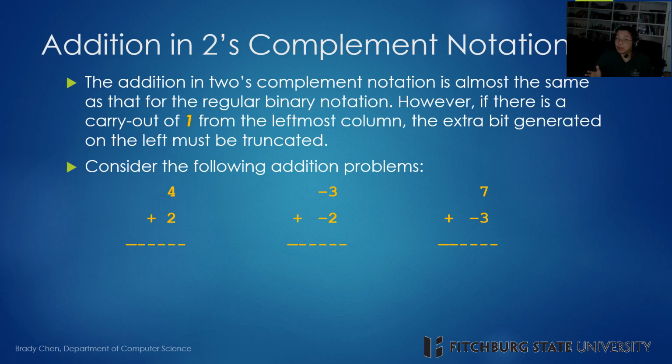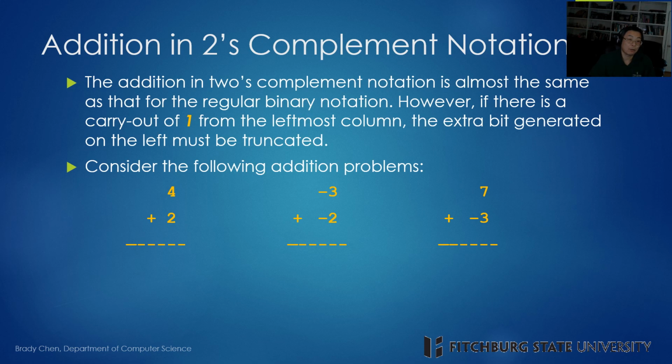What if you add two numbers, each in a system of 8 bits, and the result takes 9 bits? For example, on the leftmost bit you carry a number into the 9th bit. In that case, we truncate the extra bit.